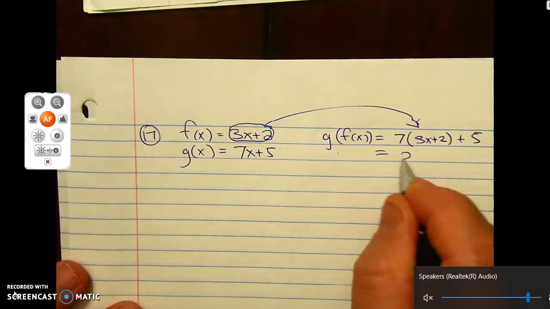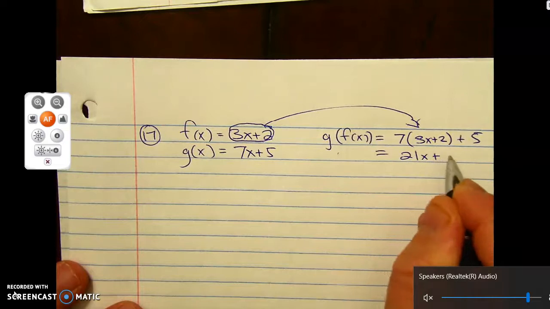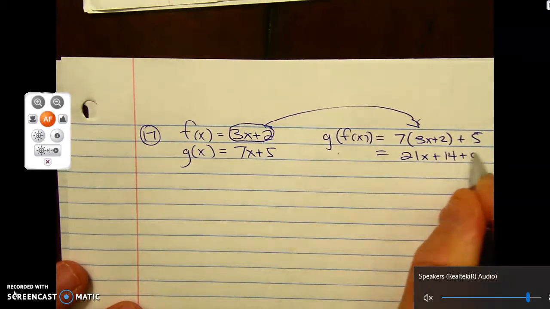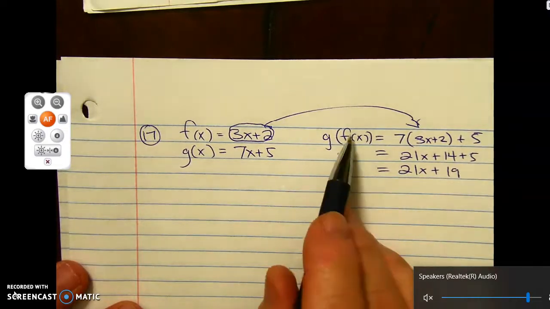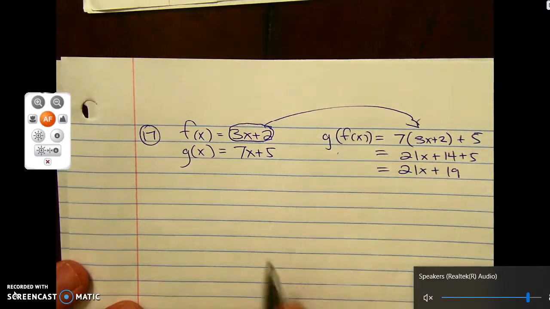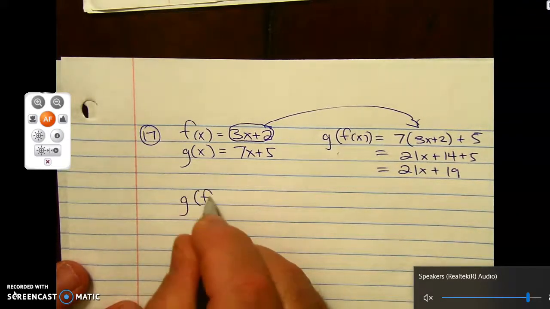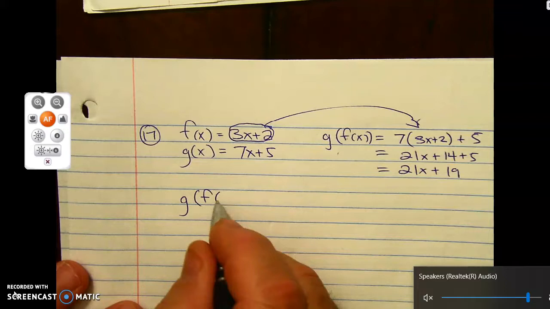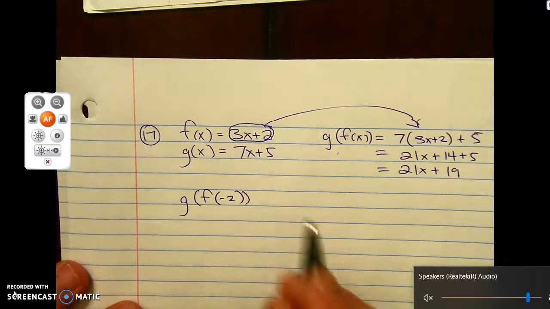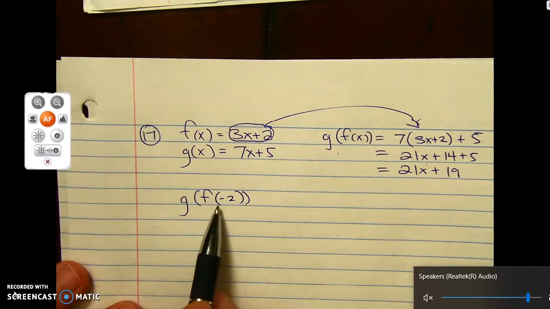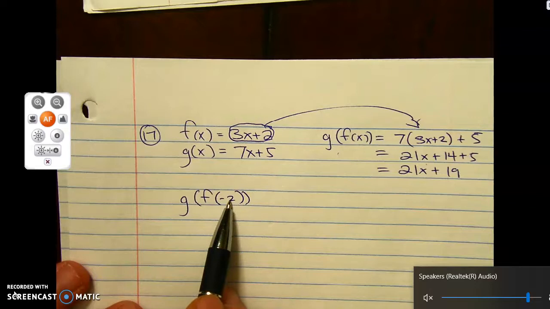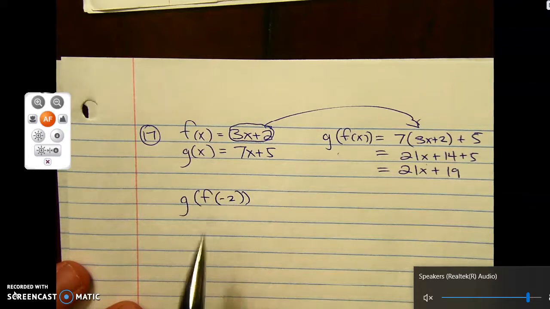And get a new equation, 21x plus 14 plus 5, so 21x plus 19. Now that's how to get a composition of functions, but in our problem it said to find g of f of -2. So that's a little different than this. This still means composition, but it means just to evaluate f using -2, get that answer, and then evaluate g.